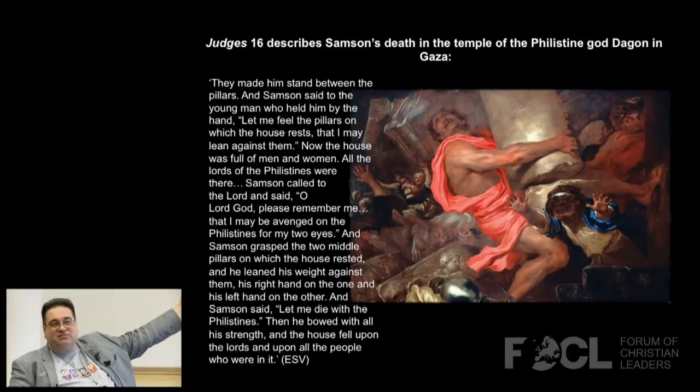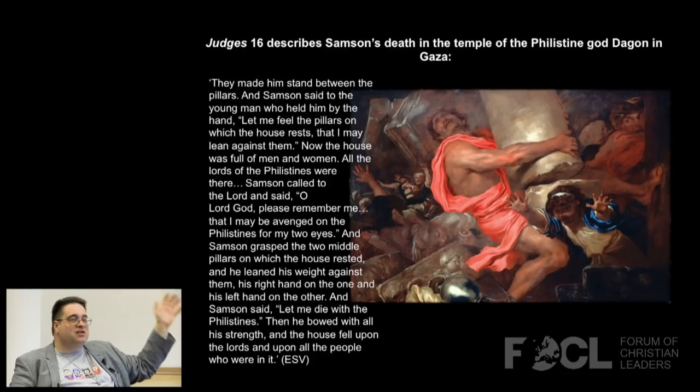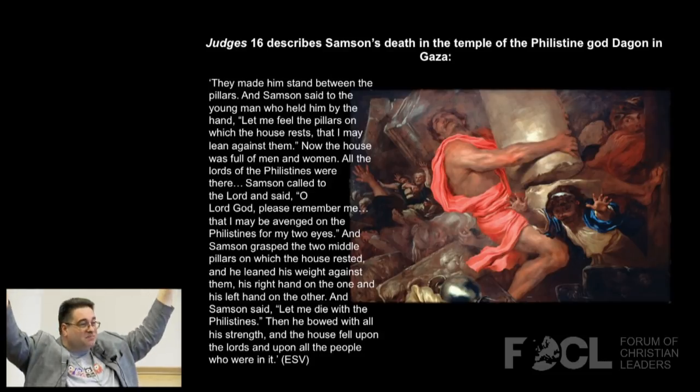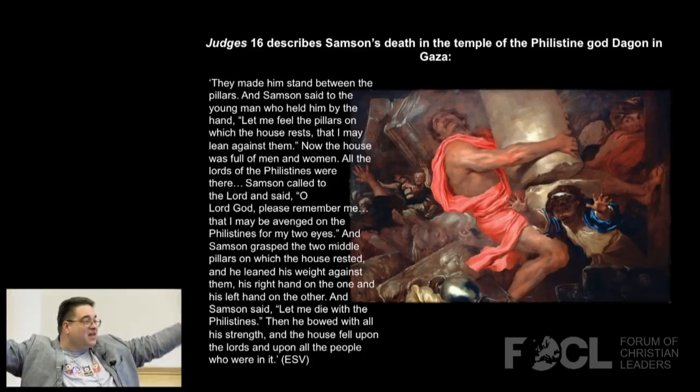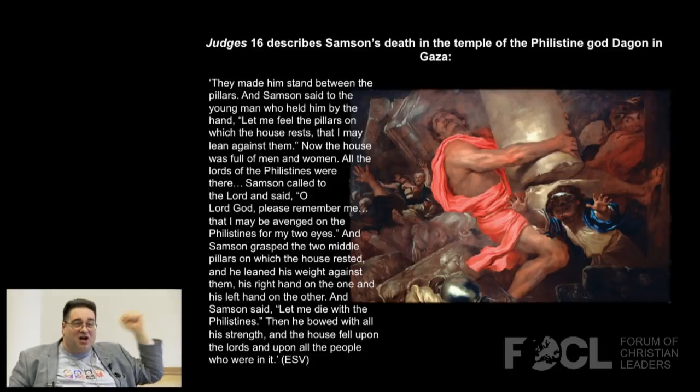And here is part of the excavation from this other Philistine 10th century BC temple. And you will note that in the center of the temple here, there are two columns that held up the roof of the temple. They're about, in this case, 7 foot apart.